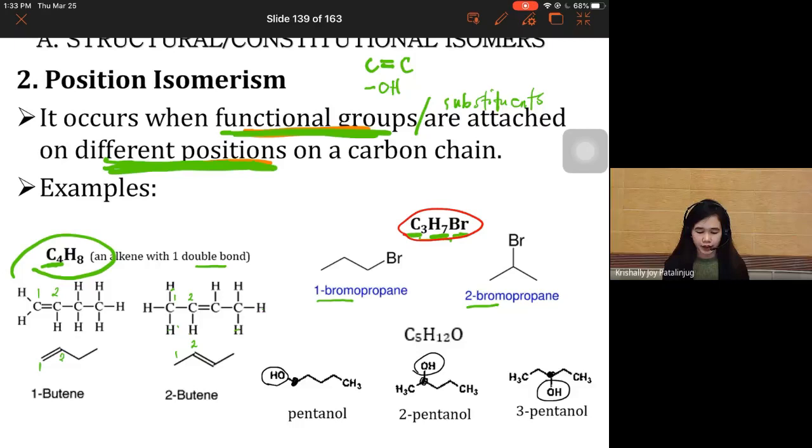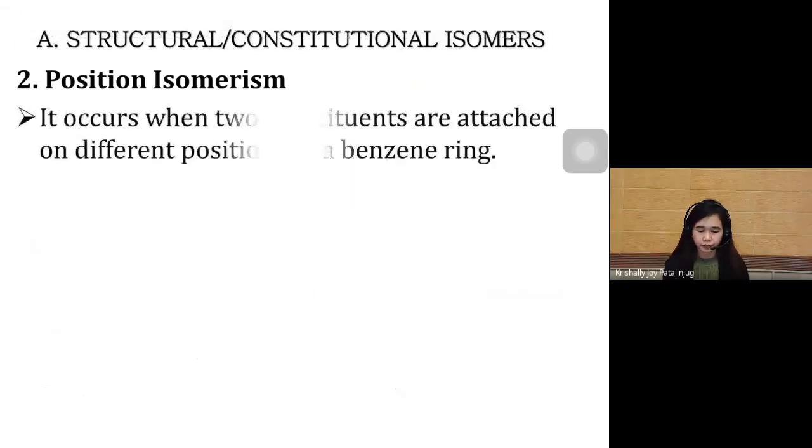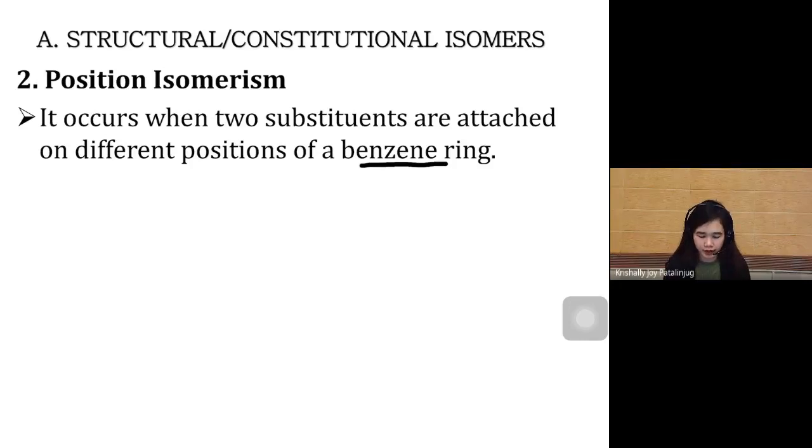Okay, so next, this one. So position isomerism also commonly occurs among di-substituted benzenes. What do you mean by substituted benzene?